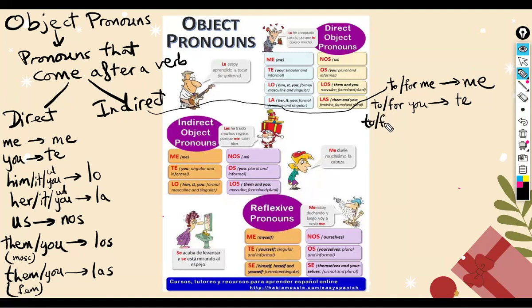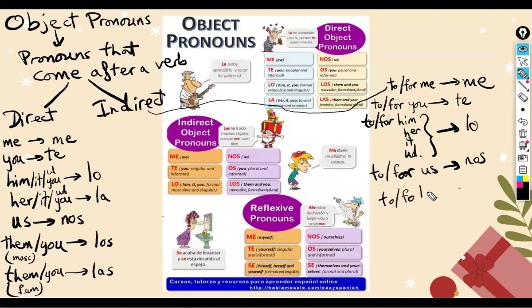So to or for him, her, it, who stayed, all of that is lo. To or for us, nos, to or for them, or ustedes, is los.